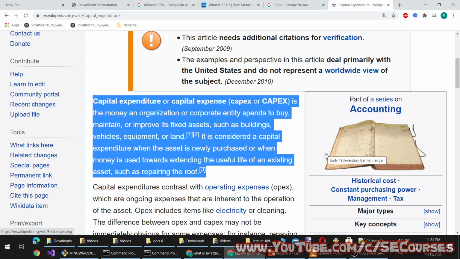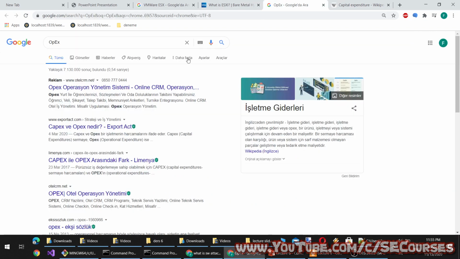Capital expenditure or capital expense, CapEx, is the money an organization or corporate entity spends to buy, maintain, or improve its fixed assets, such as buildings, vehicles, equipment, or land. It is considered a capital expenditure when the asset is newly purchased or when money is used towards extending the useful life of an existing asset, such as repairing the roof. Okay, and there is OpEx.